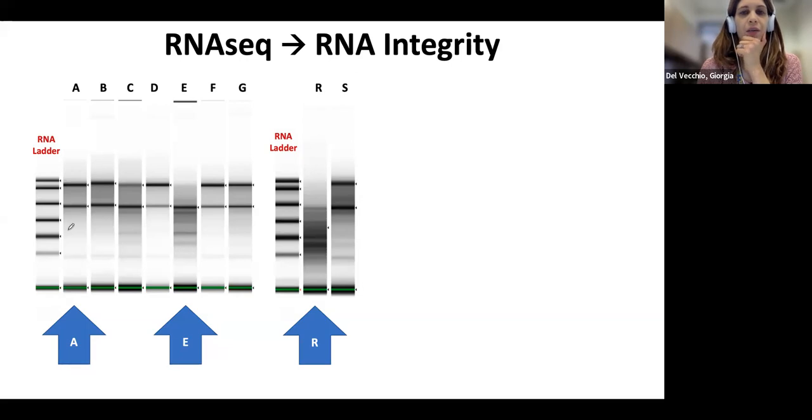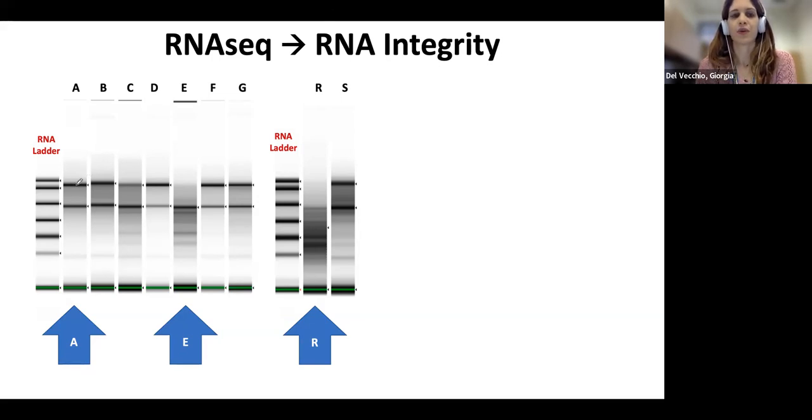Why in the RNA we see these two bands and what they actually are? So we are loading the total RNA. So as we discussed before, almost 80–90% of your total RNA is ribosomal RNA.